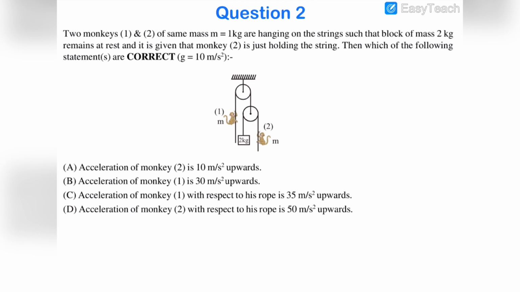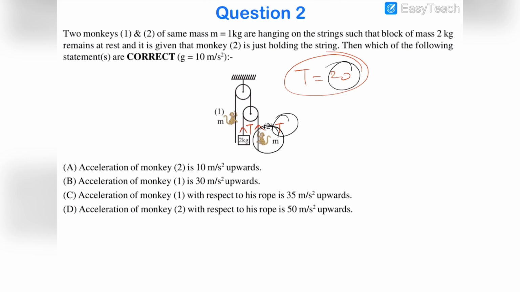So first of all, we use the condition that the block of mass 2 kg is at rest. So if this block is at rest, then if this tension is, let's suppose, T, and this tension is T, so T will be equal to 20 first of all. Now the mass of this monkey is 1 kg and the tension T, which is 20 Newton, is acting on this monkey.